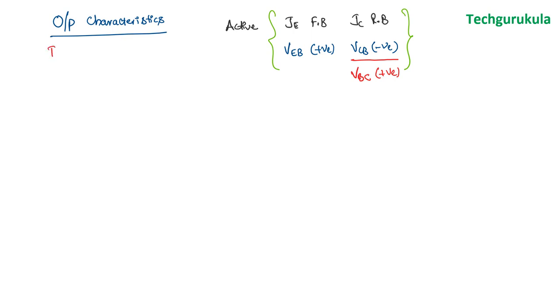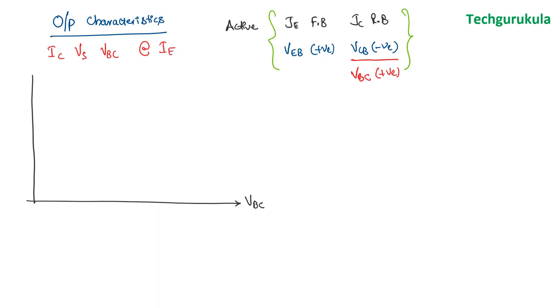Hence, for output characteristics, we are going to draw IC versus VBC at fixed values of IE. So let me take the two axes. On the X-axis, I'm going to take VBC, and on the Y-axis, I'm going to take IC.